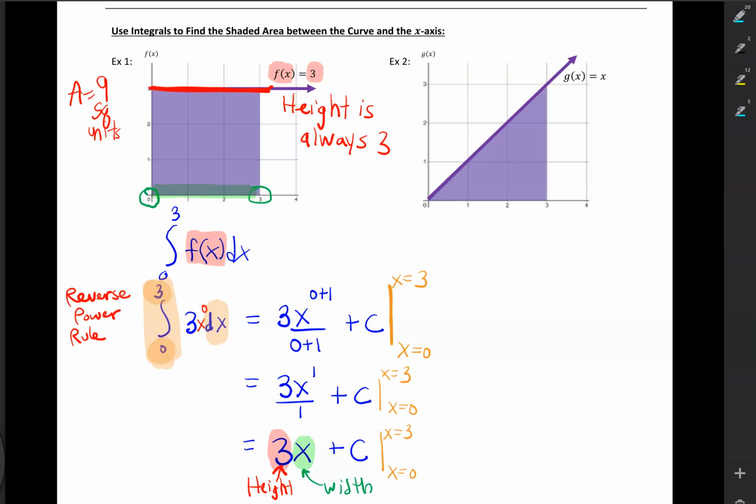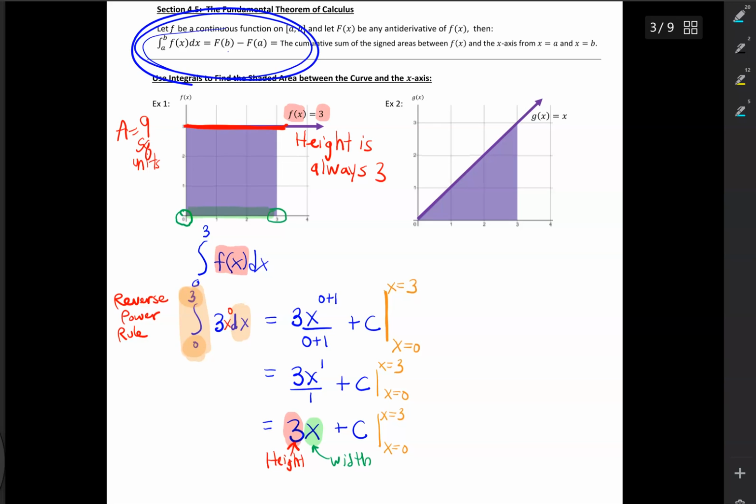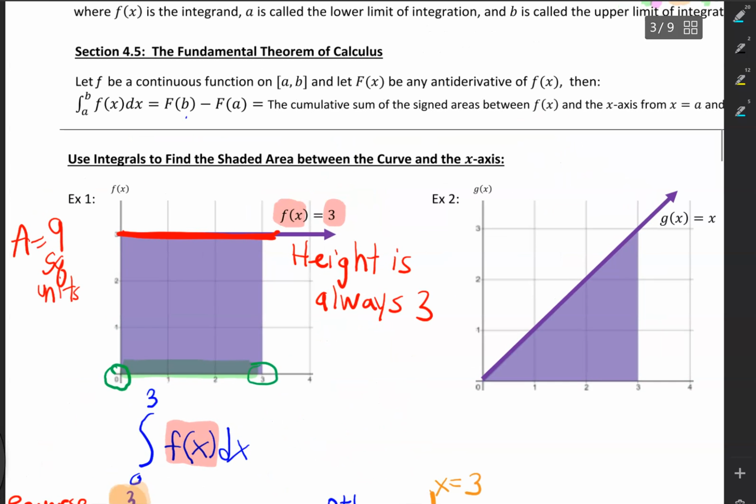Okay, and what are we going to do with those numbers? We're going to plug them in and we're going to subtract. So this is where that theorem that's typed up here comes in. The theorem is saying you plug in the A, you plug in the B, and then you subtract them. But order is important in subtraction, right? So let me come over here to this theorem real quick and talk about the order.